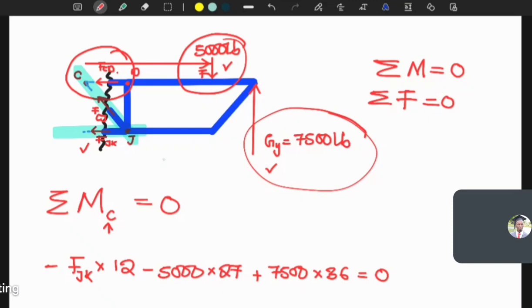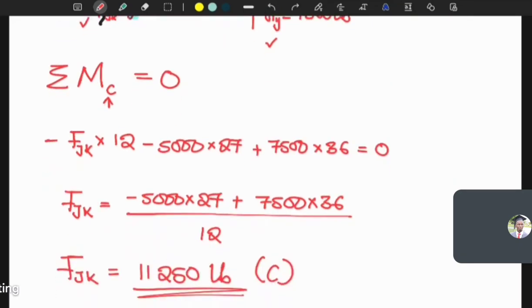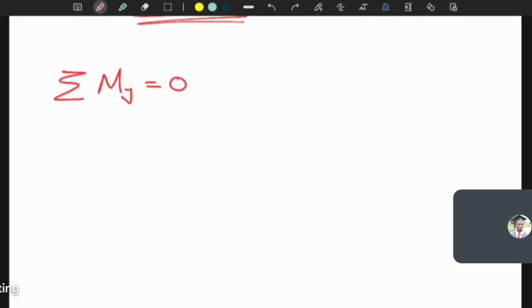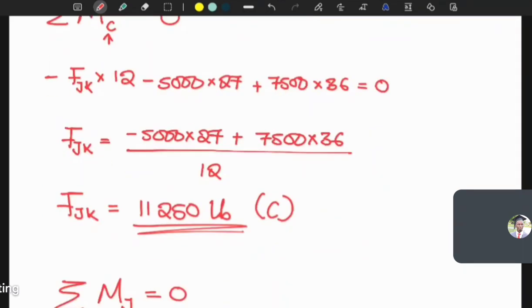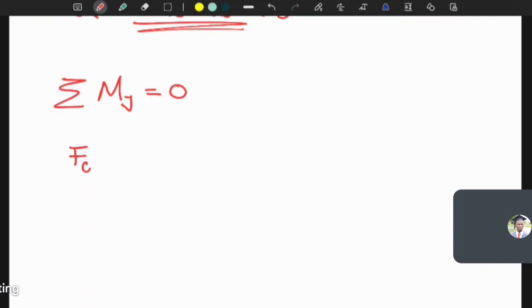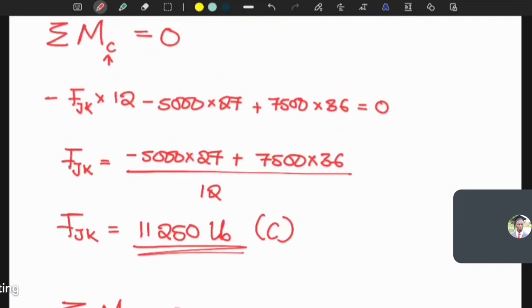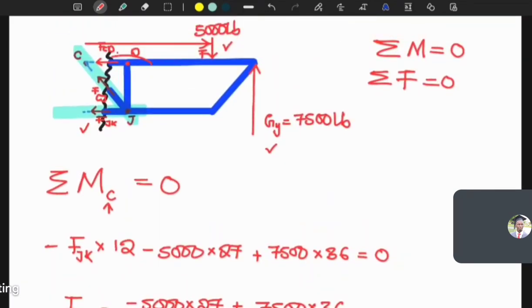This will allow us to find FCD easily. So how are we going to do that? About J, only FCD will cause a rotation.